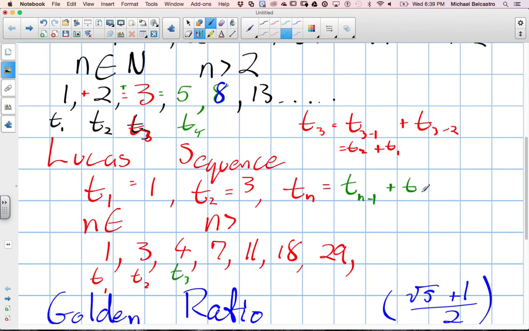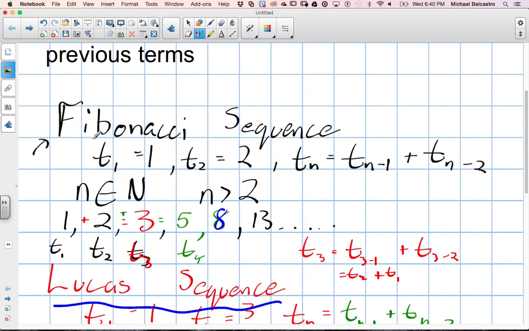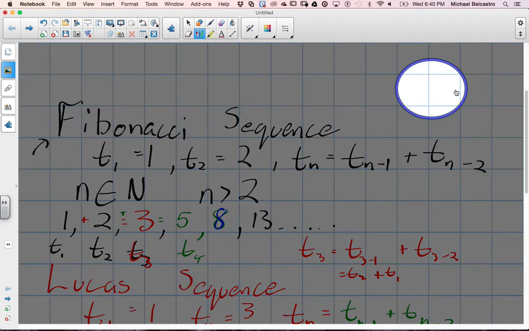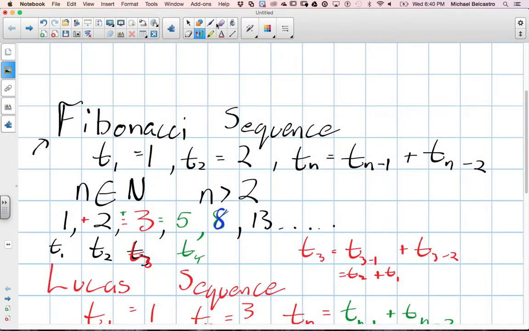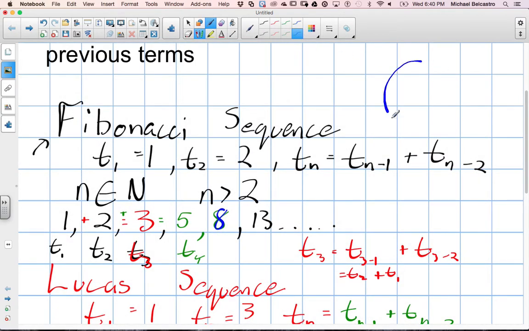How did these sequences get so famous? With Lucas's sequence, I'm not entirely sure what its applications are, but the Fibonacci sequence occurs with plant petals and apple seeds. If you cut an apple wide open, you've seen how they form that star pattern.